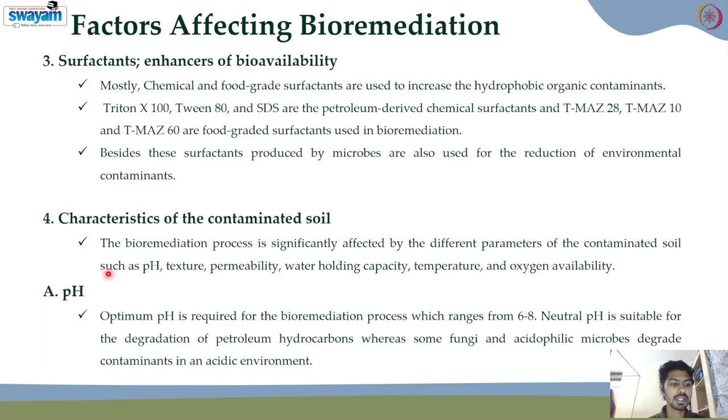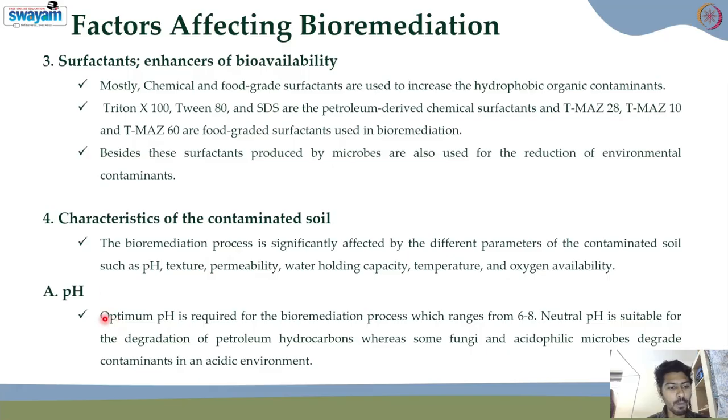The first is the pH. Mostly, microorganisms prefer the optimum pH. What do we mean by optimum pH? Optimum pH is the pH where the microorganism growth is higher.